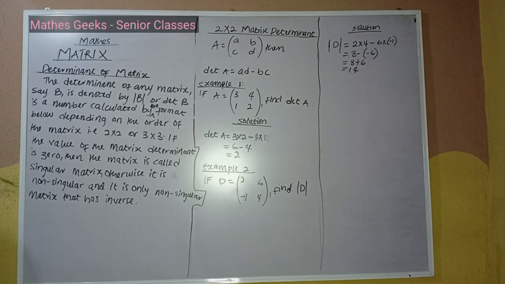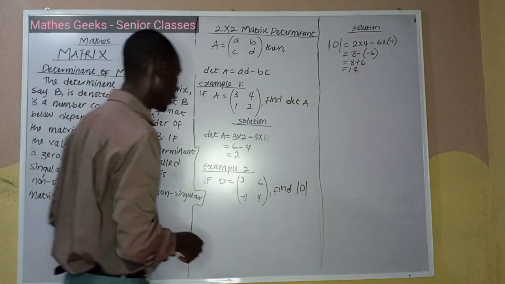If the value of the matrix determinant is 0, then the matrix is called a singular matrix. Otherwise, it is non-singular, and it is only non-singular matrices that have an inverse. That means to say that non-singular matrices have an inverse.